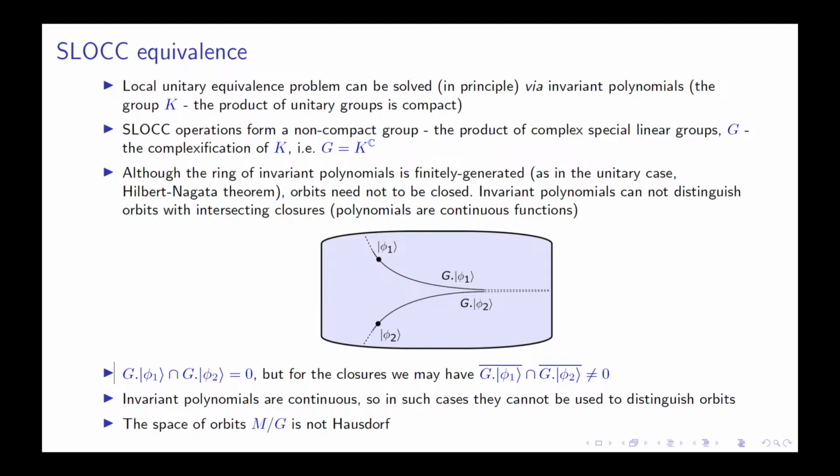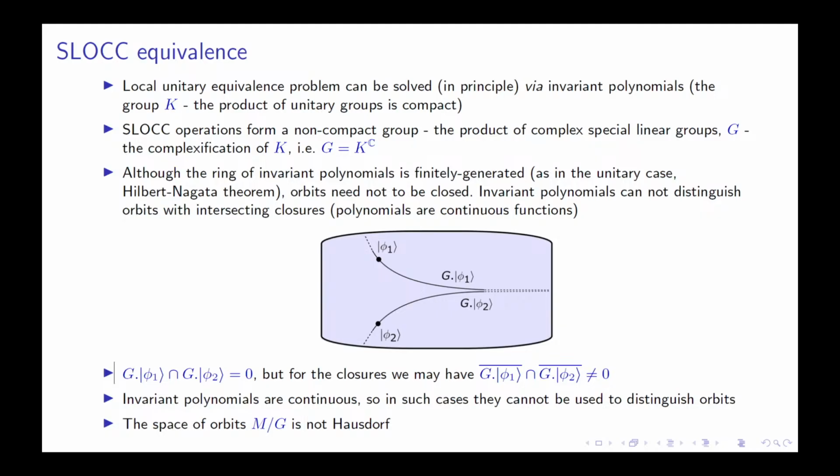This is no longer a compact group. What does it mean? You can still produce a ring of invariant polynomials which are finitely generated. This is called the Hilbert-Nagata theorem. But the orbits need not be closed because this is not a compact group. So invariant polynomials cannot in principle distinguish orbits with intersecting closures.